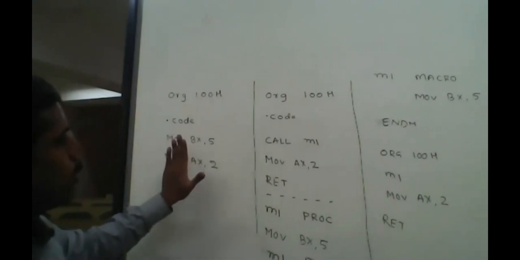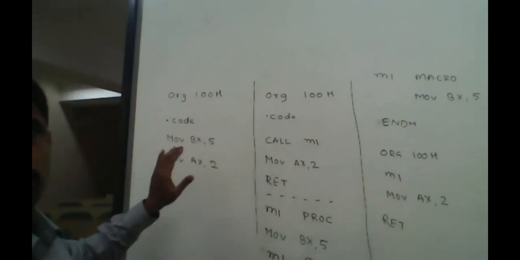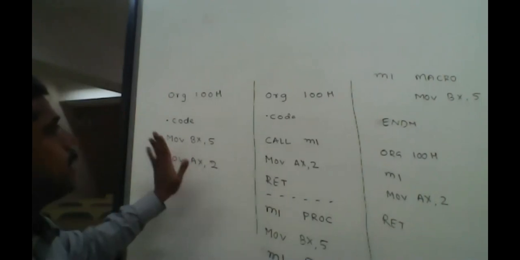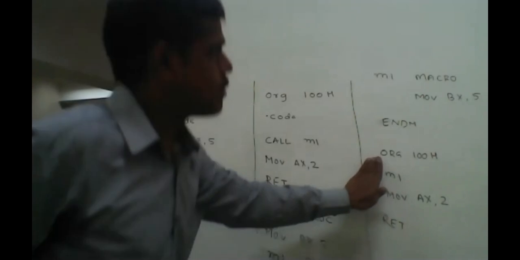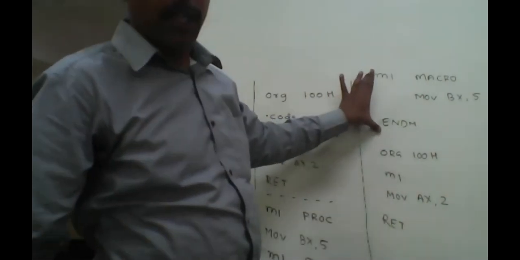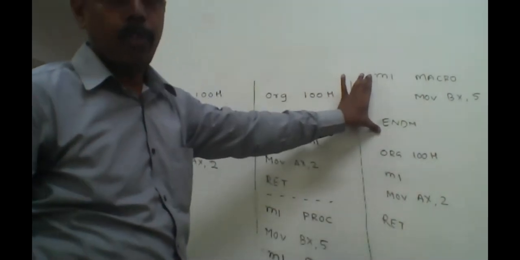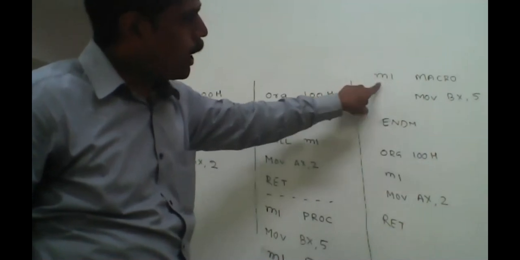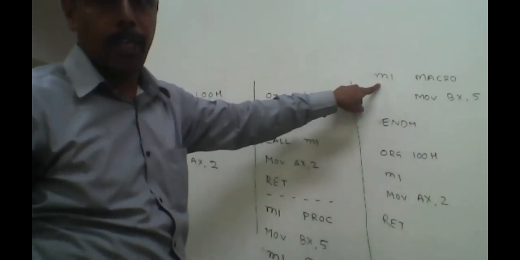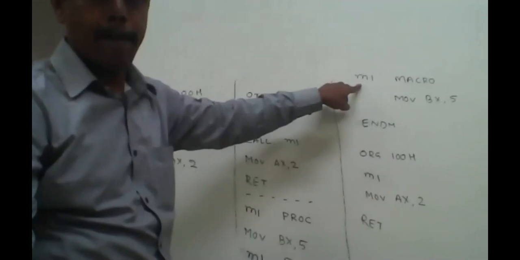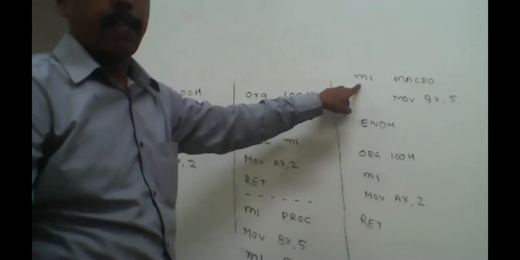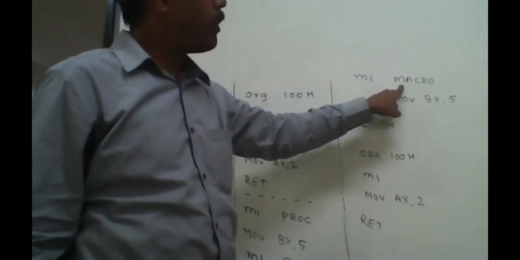Now, if you want to write a macro to move some data into a register, you can write it like this. You write the macro name, I am giving it as M1, and then I write the keyword macro.